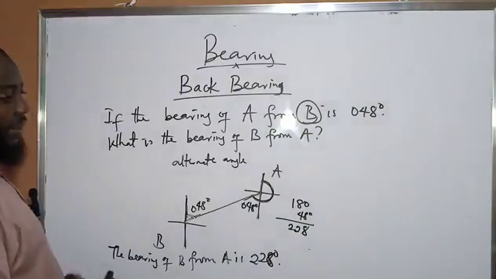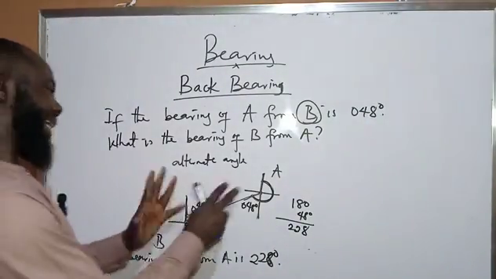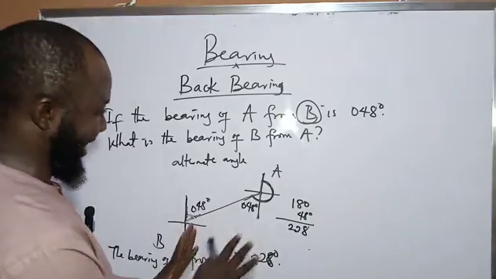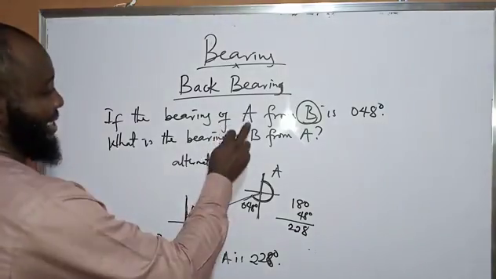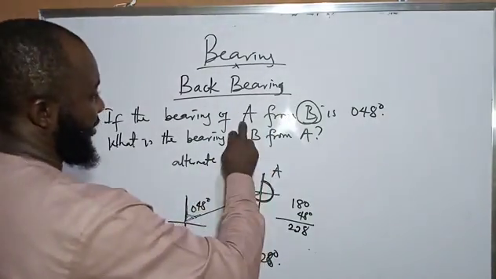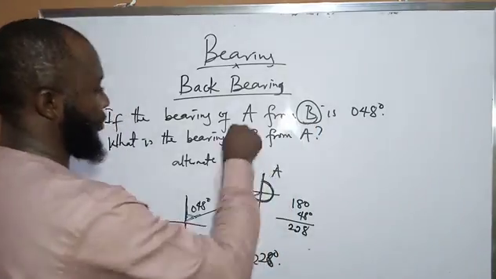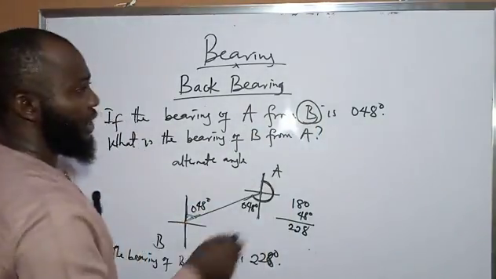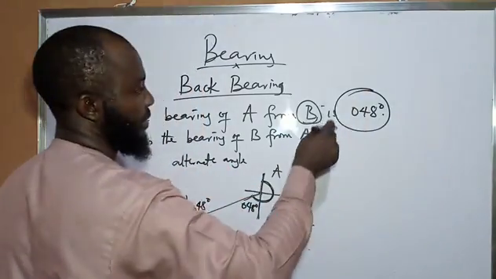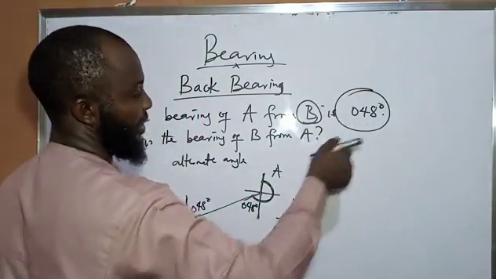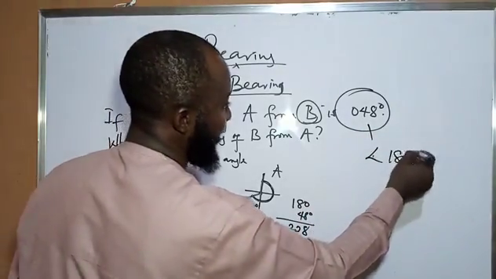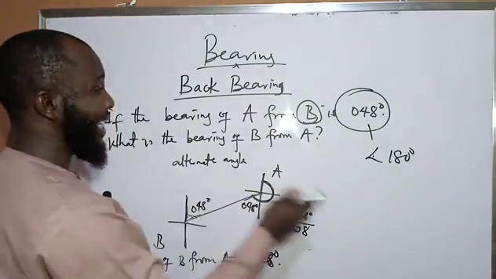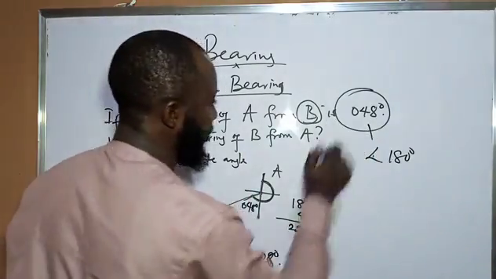Now, the shortcut to this, rather than going through all this stress of sketching: from the question, if you are starting from B and they're asking you for A from B, they are reversing the question. If the bearing is less than 180 degrees, to get the back bearing you add 180 to it.